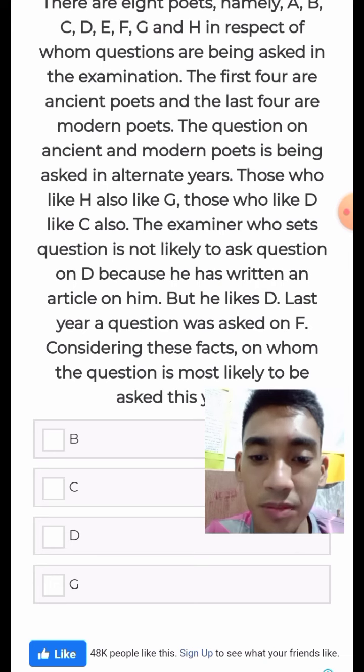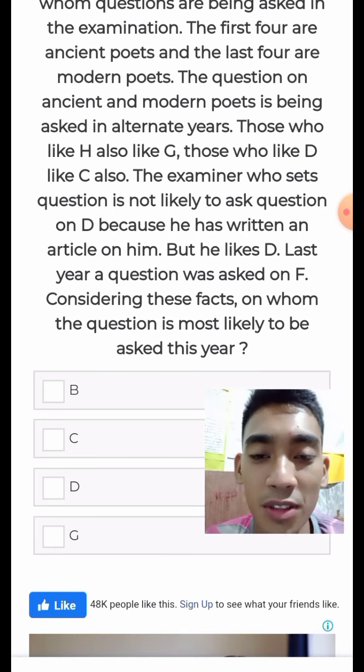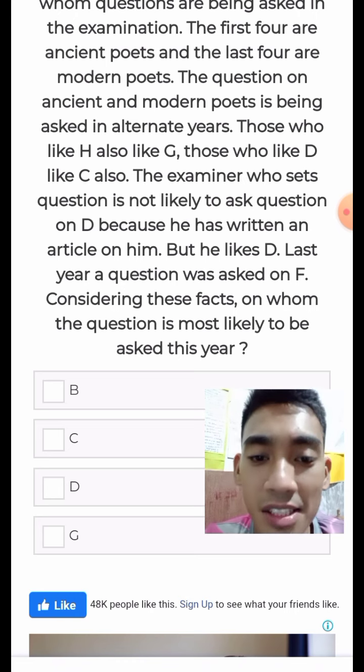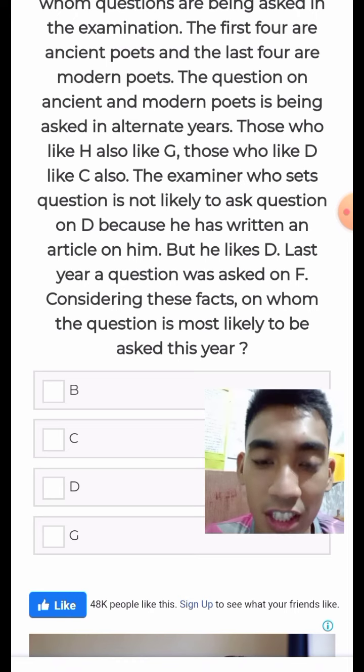Either A or B. So obviously, B is an ancient poet. C is also an ancient poet, but he will not be asked because the examiner likes D, but he will not ask a question on D. So therefore, as a consequence, C will not also be asked.